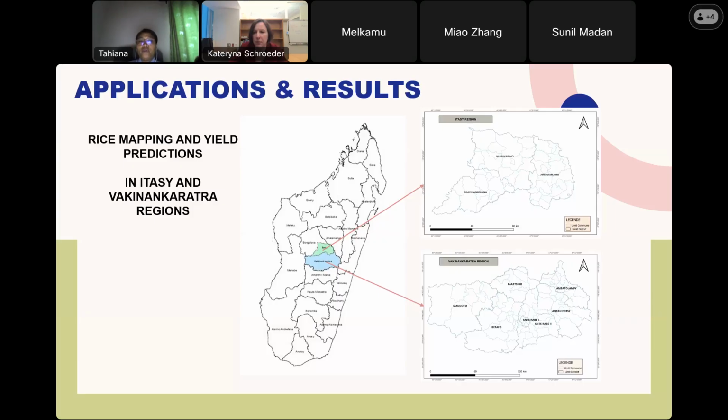Both regions are also rice production zones among the 16 rice zones in Madagascar. That's why we chose both regions to apply the CropWatch platform.